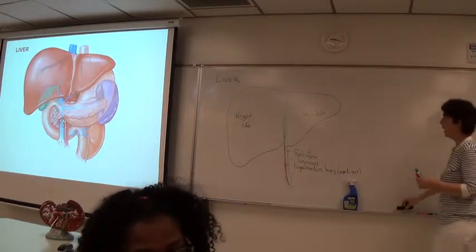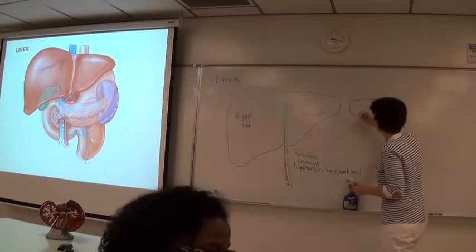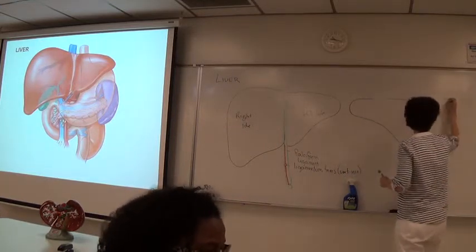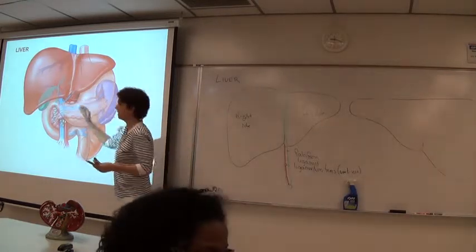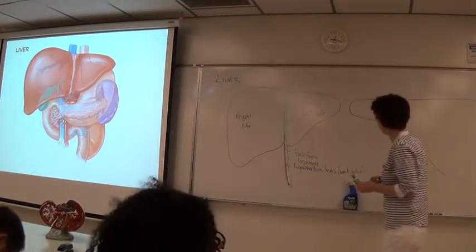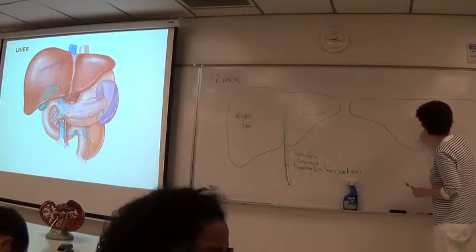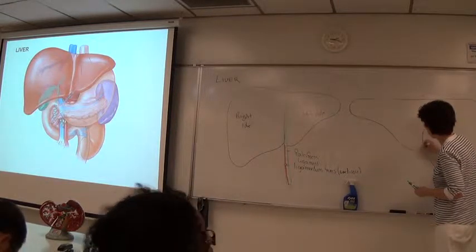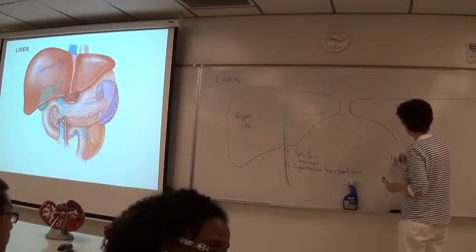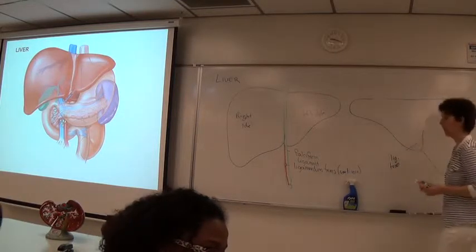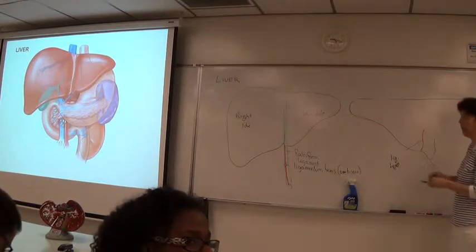So I'm going to kind of roll this over so that we're looking at the inferior posterior surface. And we're going to look at the aspect of the gallbladder here. So we'll draw in the ligamentum teres. So we can see that on the posterior aspect. And then there is another lobe here bordered by the gallbladder.